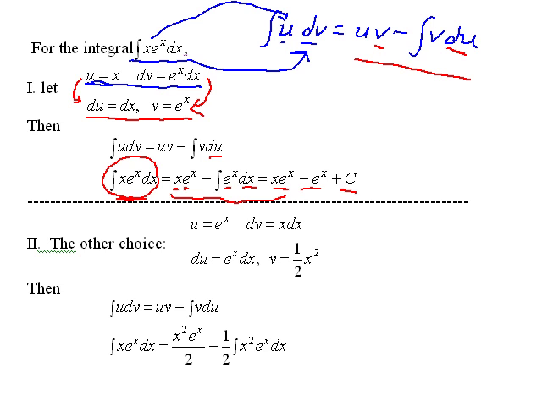That is the answer. So the integral of x e to the x dx is equal to x e to the x minus e to the x plus some constant of integration c.